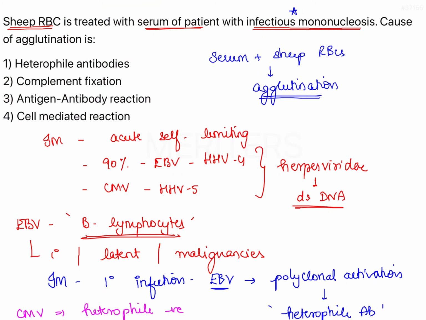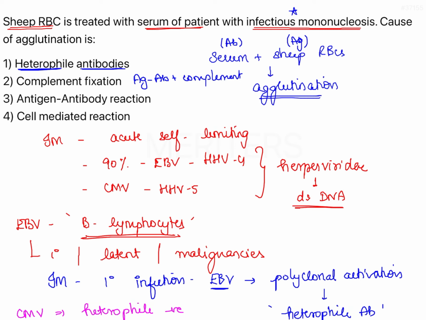The cause of agglutination seen in infectious mononucleosis is due to the presence of heterophile antibodies in the patient's serum, whereas complement fixation denotes antigen-antibody complex formation followed by binding with complement components. An antigen-antibody reaction denotes a general binding of antigen with antibody, whereas in infectious mononucleosis, the heterophile antibodies in the serum bind with the heterophile antigen in the sheep RBCs.